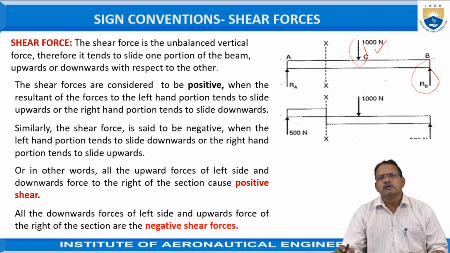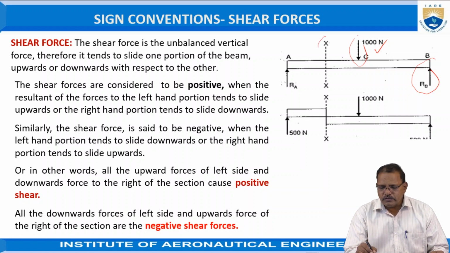In other words, all the upward forces of the left side and downward forces to the right side are treated as positive shear forces. Here in the example, the cross section XX is there.